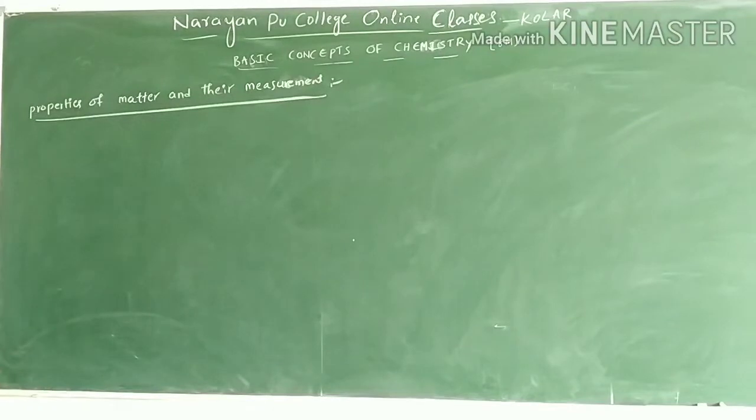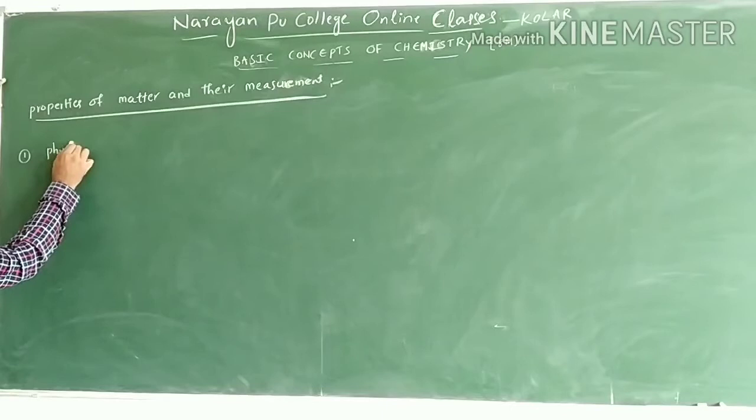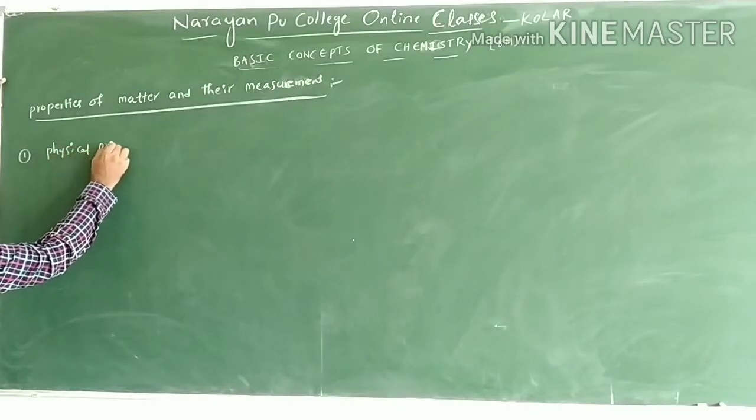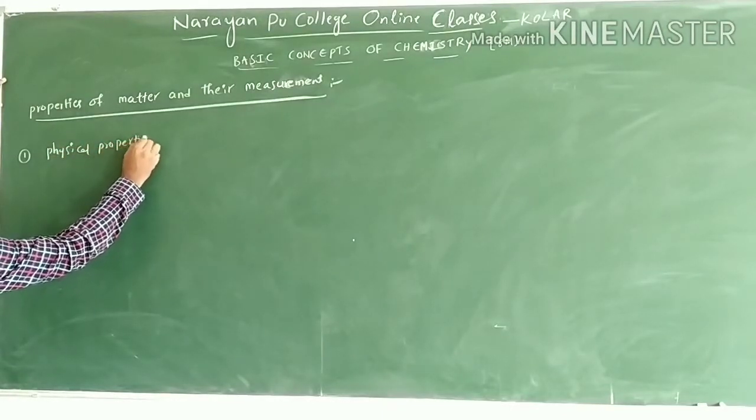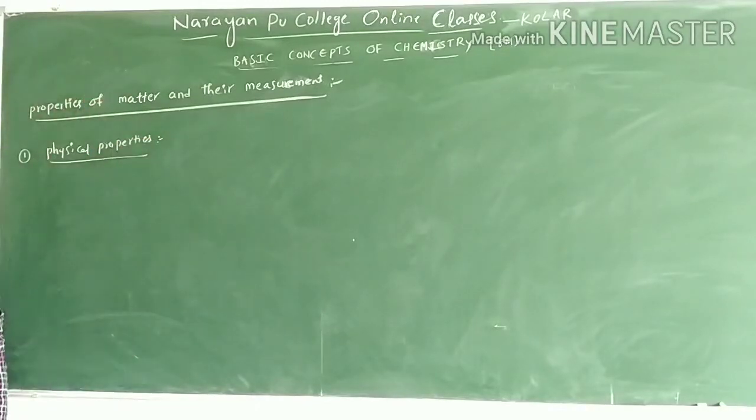The next one we have is properties of matter and their measurements. Matter has two important properties. The first one is physical properties. What is meant by physical properties?